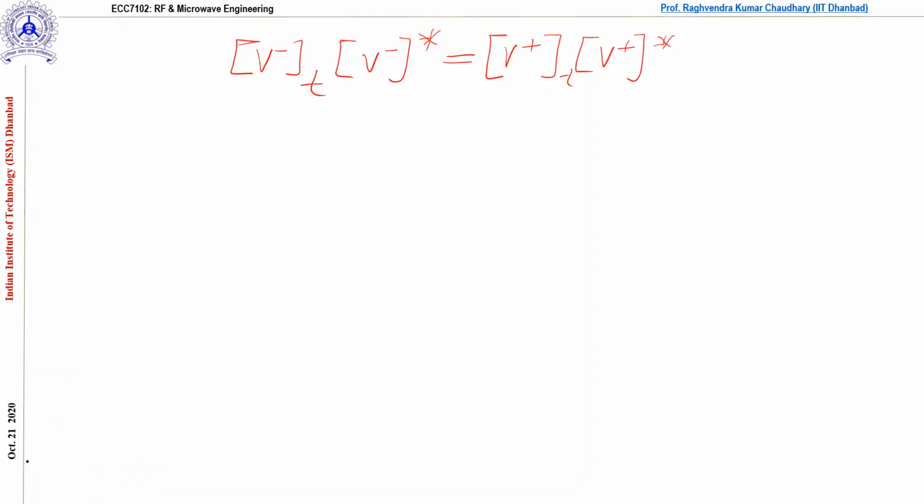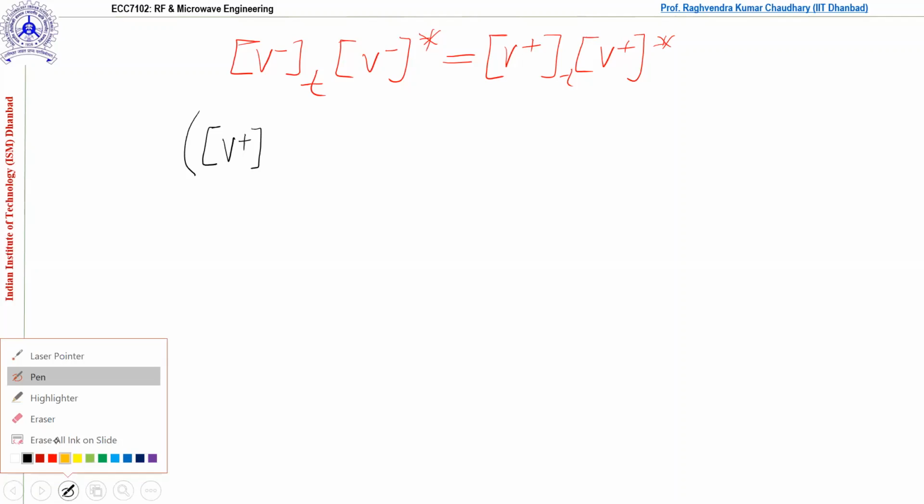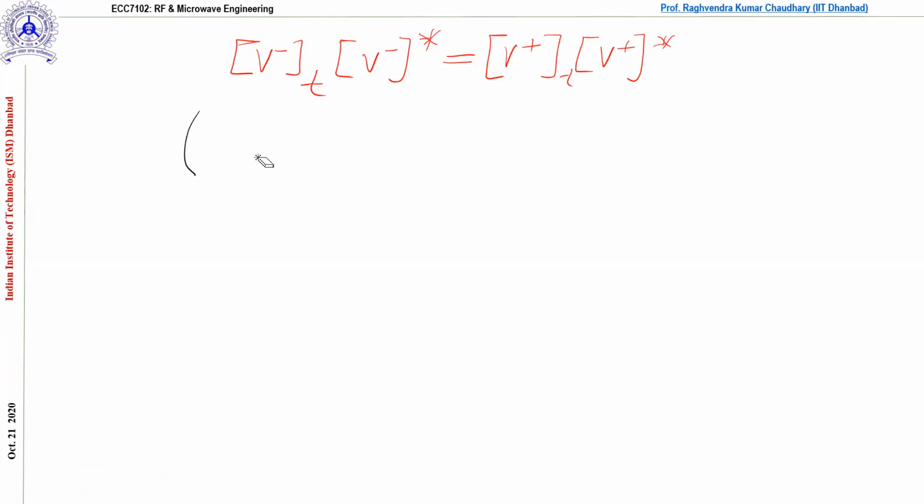Now let us connect these, because these are the incident and reflected voltage waves, and we can easily convert them with the S parameter because we now have a very good background. So what we can write is that V minus could be written as, with V plus, and I think we should first write these things.